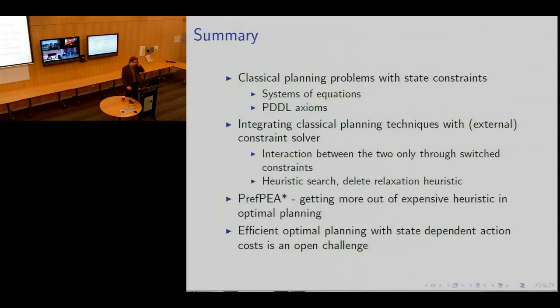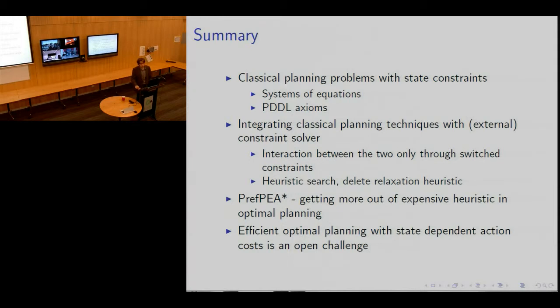Now I'll just finish the talk with a bit of a summary. What we were interested in can be thought of as classical planning problems with this addition of state constraints. These state constraints can take various forms. They might be systems of equations, they might be PDDL axioms, or they might be something completely different.